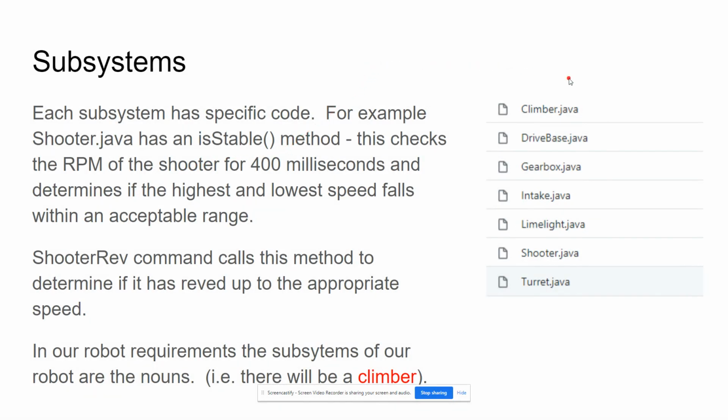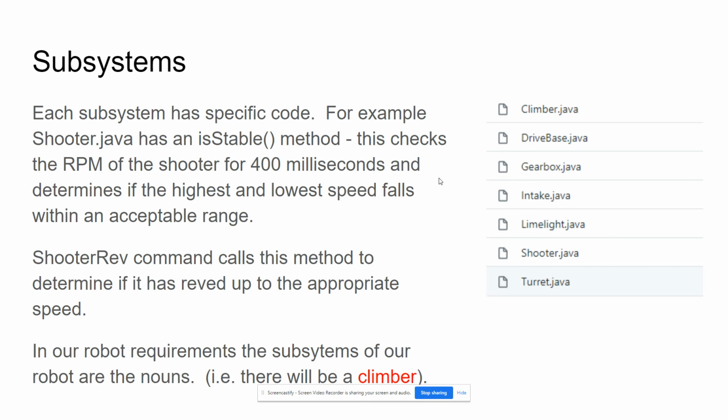We also have another folder called Subsystems. And so I've mentioned the commands are based on verbs, so these are nouns. So when we're doing our analysis and our robot requirements, we decide we're going to have different subsystems. So this year, we decided that, okay, we were going to have an intake that we could intake balls. We would have a shooter that would be able to deliver the balls.